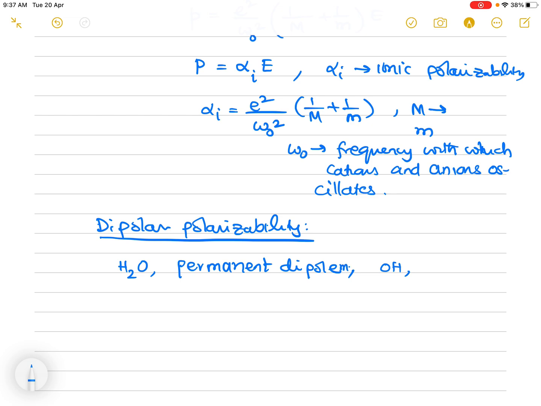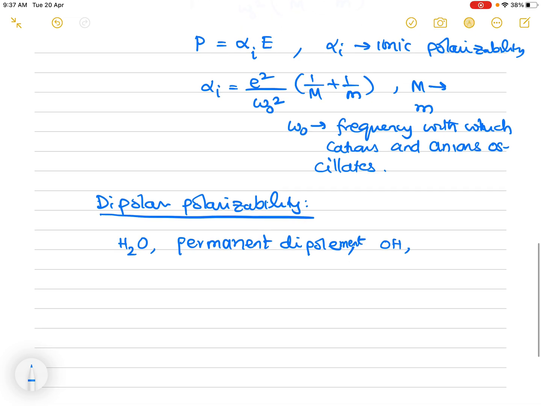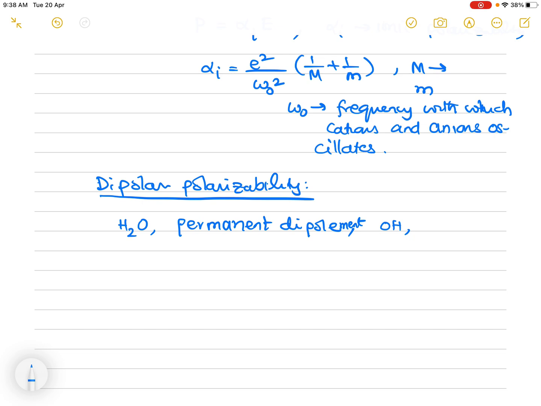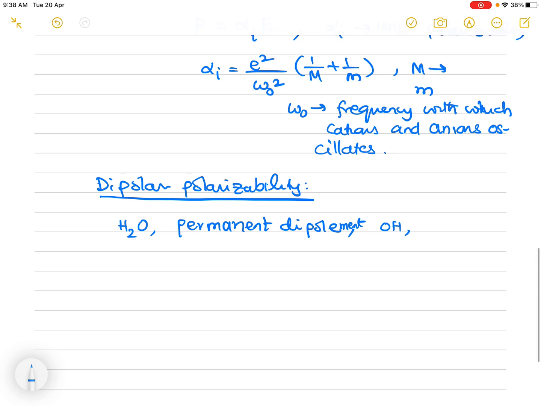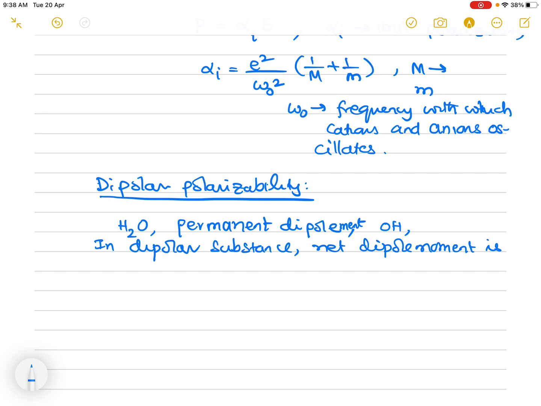So water is a dipolar substance. In a dipolar substance, there are permanent dipoles, but they are randomly oriented, so that the net dipole moment in a dipolar substance is 0 in the absence of a field.